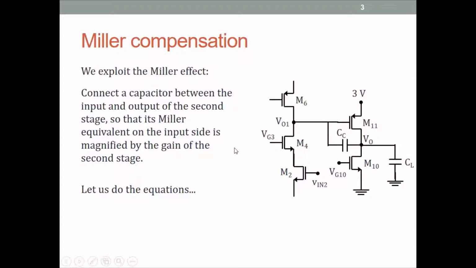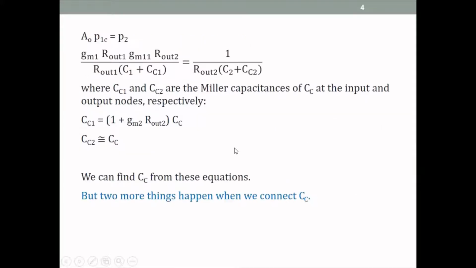Alright, so let us do equations for this Miller capacitor. Again we say A0 P1 equal to P2. The capacitance for P1 is the capacitance from VO1 to ground, which is C1 plus the Miller capacitance of Cc at the input node. At the output, the Miller effect causes a capacitance Cc2. C2 was already there. So Cc1, as we recall, will be 1 plus Gm2 Rout2 times Cc.